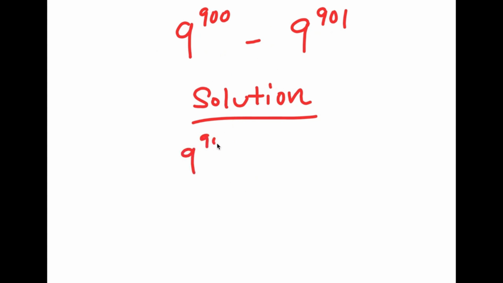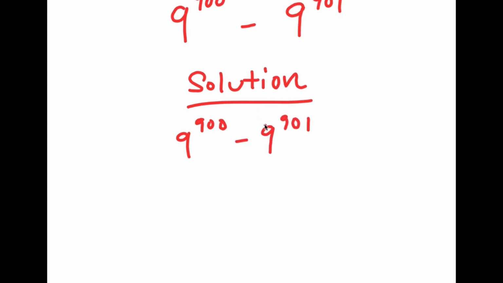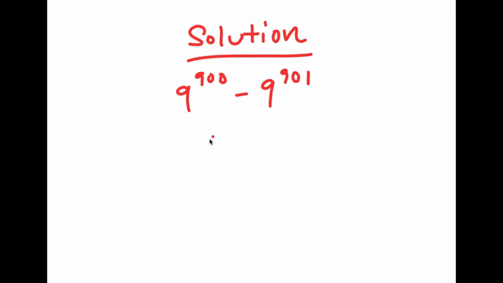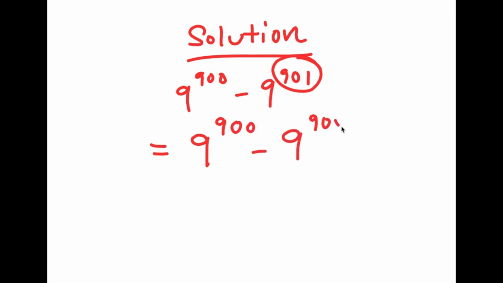So I rewrite 9 to the power of 900 minus 9 to the power of 901. And now this is the same thing as, I can rewrite 901 as 900 plus 1. So this is the same thing as 9 to the power of 900 minus 9 to the power of 900 plus 1.